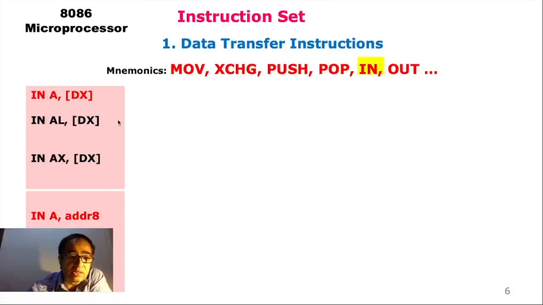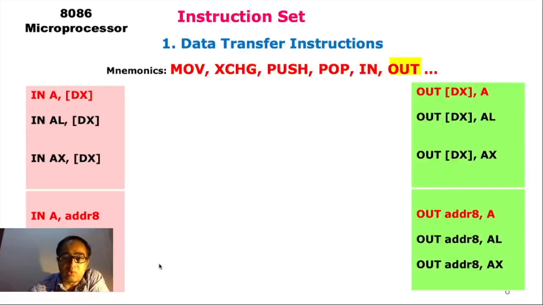All these are different examples of the instruction. And here, the source is the address. If this address is transferred, an 8-bit address is transferred to AL, and a 16-bit address is transferred to AX.